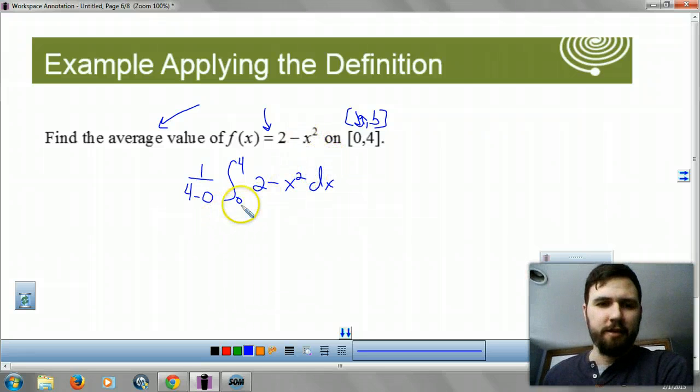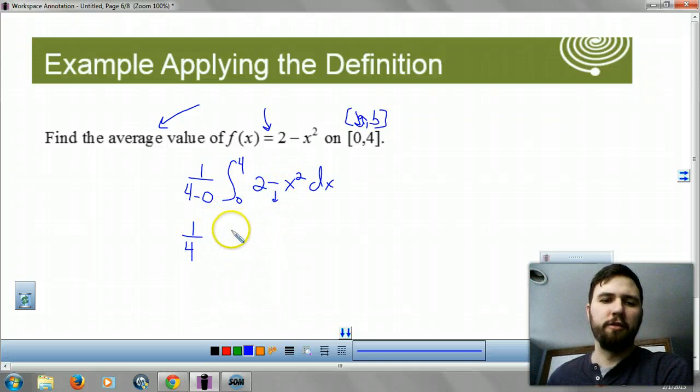So this becomes 1 over 4 times, when you integrate this beast with our newfound knowledge, you get 2x minus x to the third over 3. Right? You're going to evaluate that from 0 to 4. Oh, Jiminy Crickets, we skipped a lot.